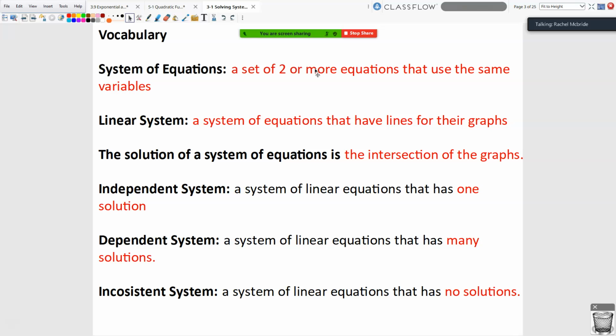A linear system, that is a system of equations that will have lines for their graphs. The solution to a system of equations is the intersection of their graphs.